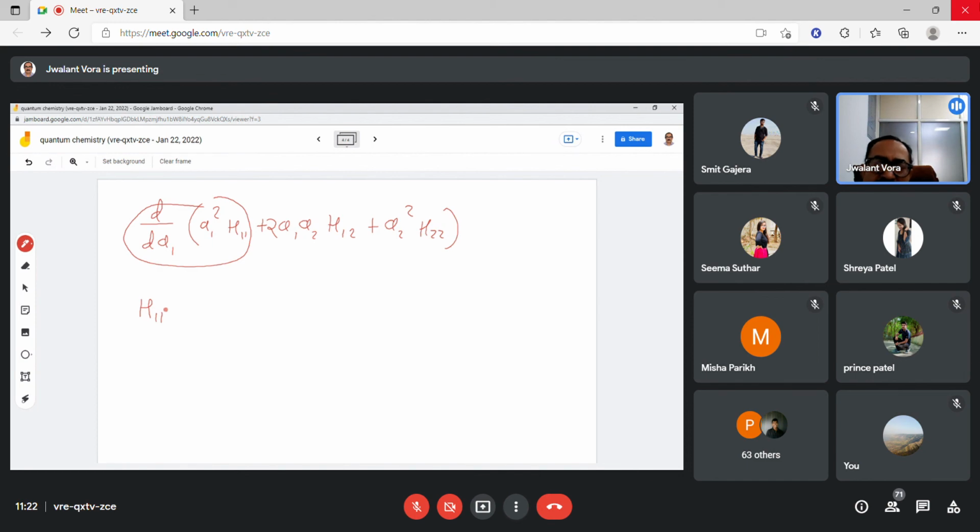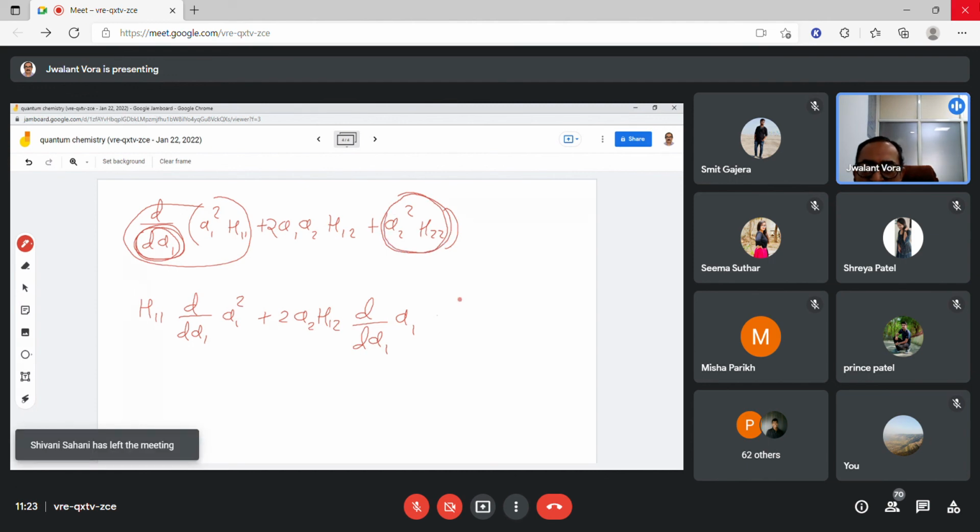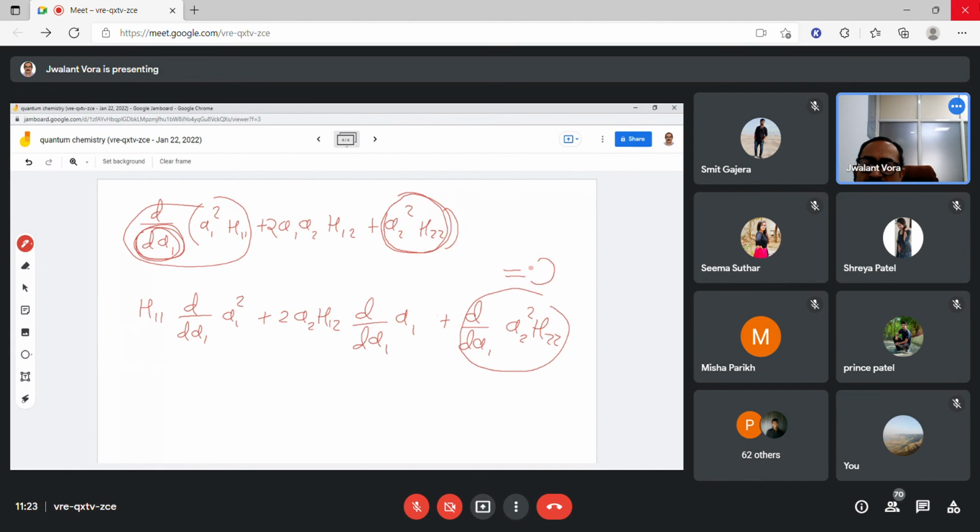H11 ને બહાર કાઢી લઈએ કારણ કે it is the differentiation with respect to A1. So d by d A1 of A1 square plus twice A2 H12 ને બહાર કાઢી લીધા d by d A1 of A1. હવે આમાં A1 તો છે જ નહીં, so this will be treated as a constant. So d by d A1 of A2 square H22 A1 નથી એટલા માટે this will become equal to 0.